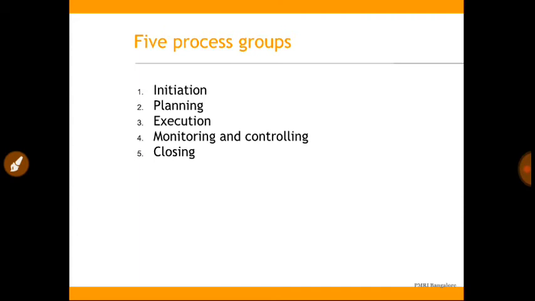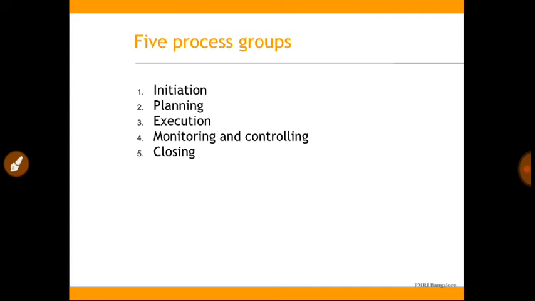Then we get into planning process group. So it starts with develop project management plan, collect requirements, define scope, decompose the scope into a work breakdown structure, then decompose the work breakdown structure into activities and sequence them. So it gets into the nitty-gritties of planning.